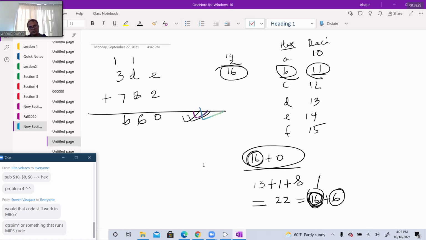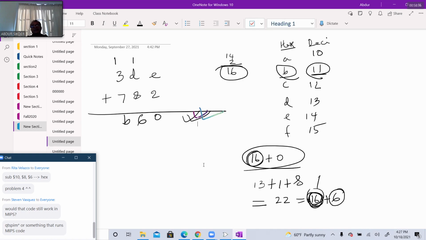Hexadecimal subtraction is a similar format. You borrow to make it 16, and 16 minus 2 is 14, and the digit for 14 is E, so E will be the result. Then D minus 8: D is 13, so 13 minus 8 is 5, and 5 will be the result.